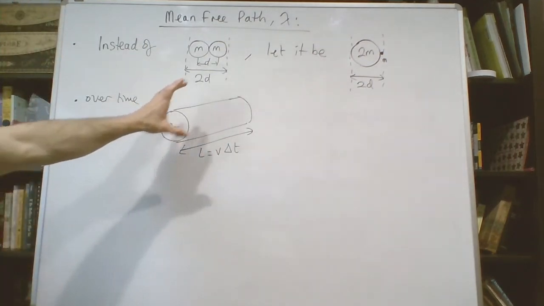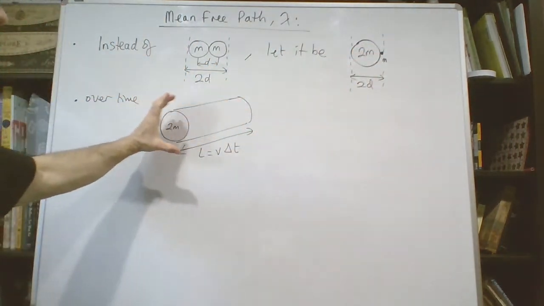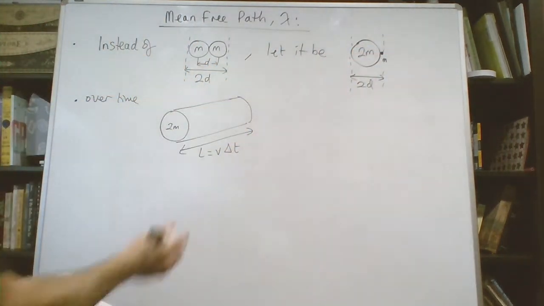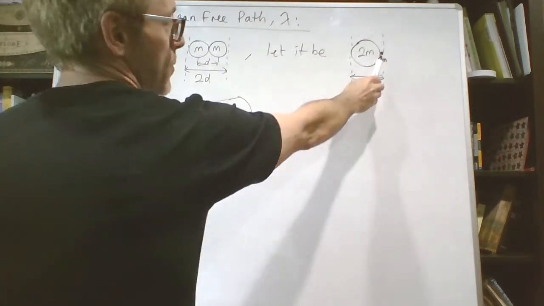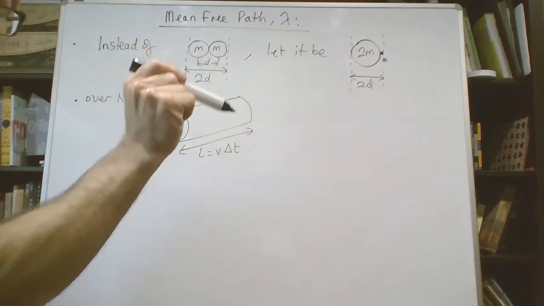So again, over time, this object here is going to carve out a volume, and I'm interested in how far it moves before it collides with a negligible point mass, m.